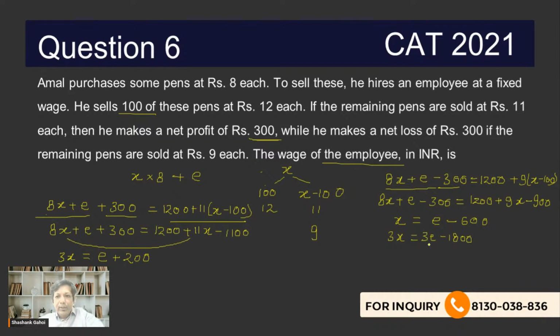Since 3x is equal to E plus 200, I can say E plus 200 should be equal to 3E minus 1800. So 2E is equal to 2000, and the employee's cost comes out to be 1000, and that's what the question is asking.